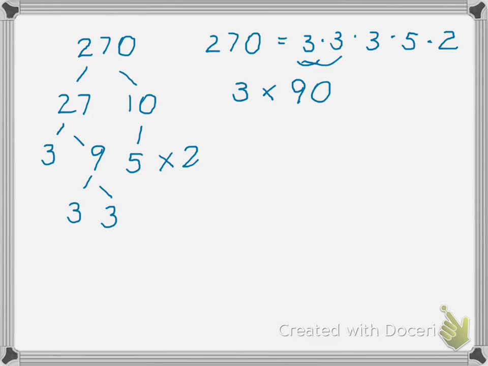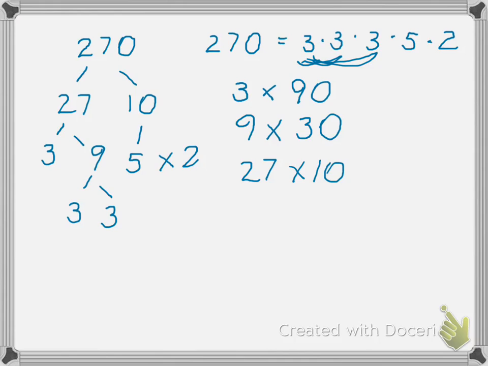And then I'll go for the next two. I've got 9 times 15 times 2, which is 30, and 9 times 30 is 270. And then the next is 27 times 10, which is 270.